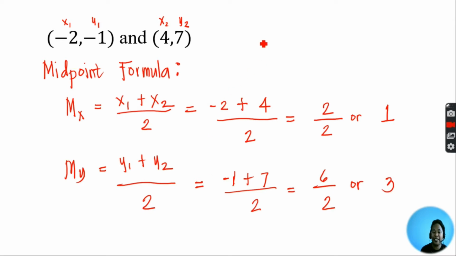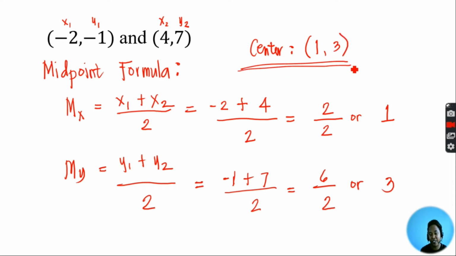So, for our center, the coordinate is at (1, 3). Ito na po yung ating center. Ano po ulit yung ating center? We have (1, 3). Ito na po yung ating center.